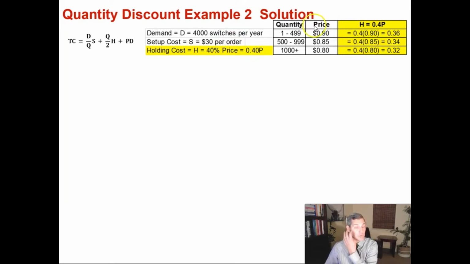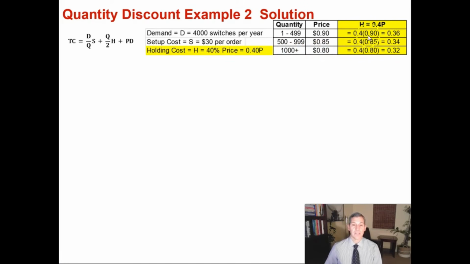The pricing schedule was given to you. So you know that your price for 1 through 499 is 90 cents. Between 500 and 999 is 85 cents. A quantity that you buy over 1,000 units is 80 cents.